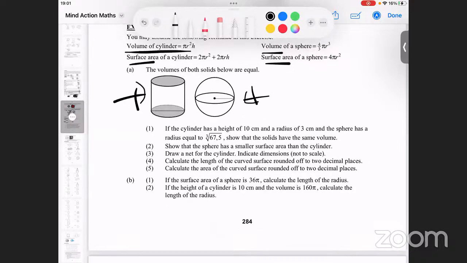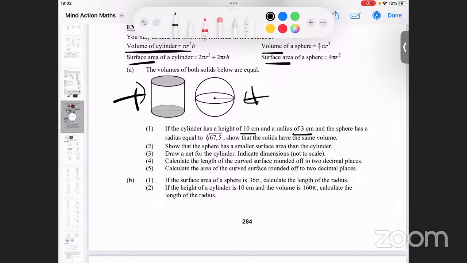The first thing we have here is A: volumes of both solids below are equal. They're saying if the cylinder has a height of 10 centimeters and a radius of 3 centimeters, and the sphere has a radius equal to the cube root of 67.5, show that the solids have the same volume.